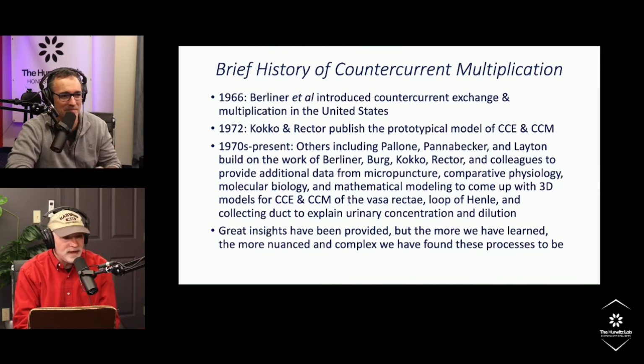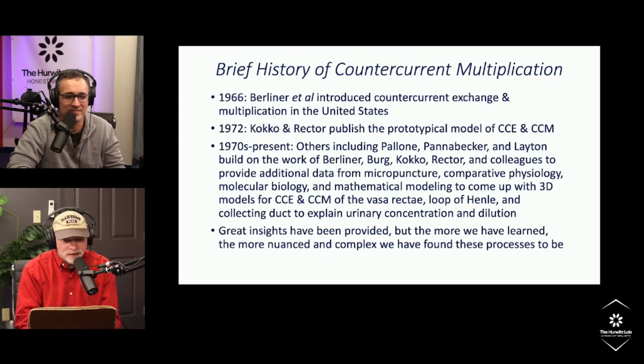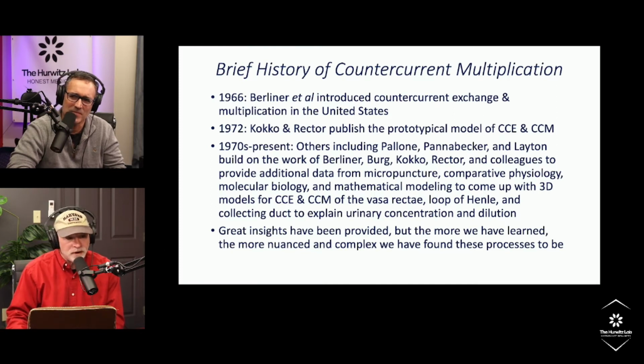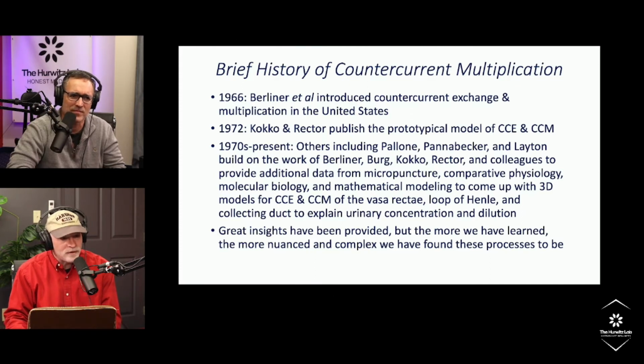And that's why Yale became the place to go for membrane transport, because Berliner was there, Giebisch was there, Boulpaep was there. I mean, this was the transport haven, New Haven. It was the mid-'60s, and it was really Berliner, because of his ability to not only do these experiments, but to write about them in a very clear way and publish them in high-profile places, that the United States started to get an idea.